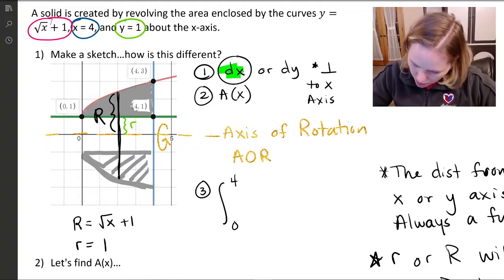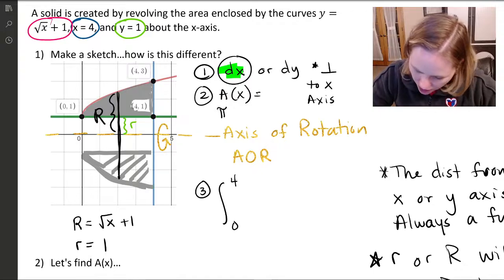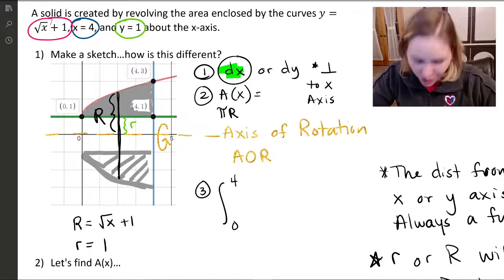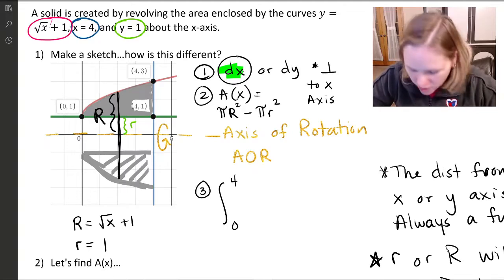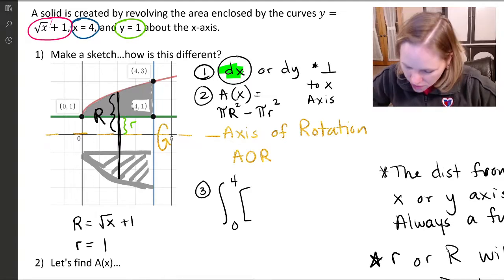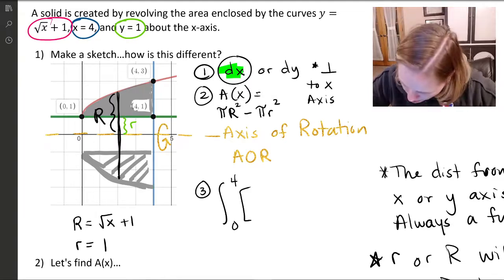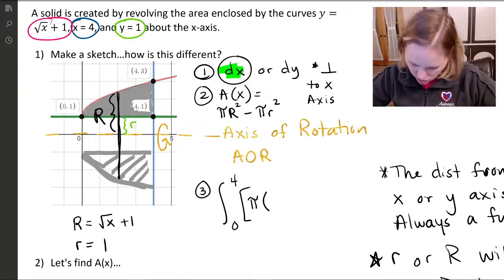And then my A of x is going to be pi big R squared minus pi little r squared. So that's the area function that I'm going to integrate. I'm going to wrap this up in some nice brackets here. So I'm going to do pi, and then in some parentheses. I like brackets on the outside so that when I do parentheses, they're rounded.